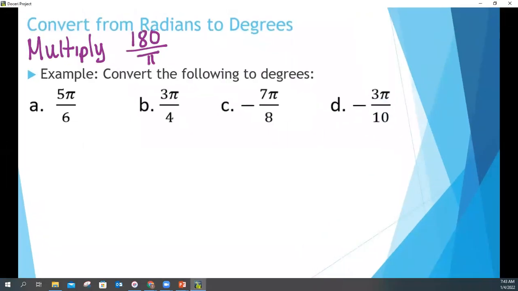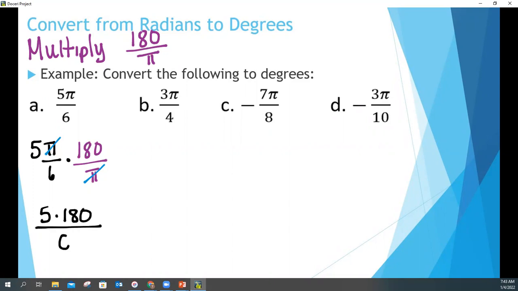Okay, so for question A, we have 5 pi over 6. And we're going to multiply that by our conversion, which is 180 over pi. And what happens is the pi cancels. And then we multiply straight across. So take out your calculators and you're going to multiply 5 times 180, and then take your answer and divide that by 6.